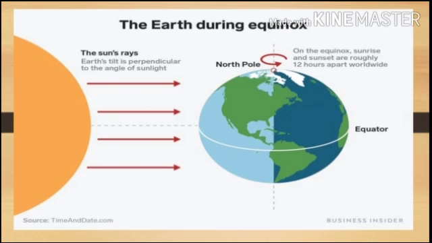As the earth revolves around the sun, the equator receives perpendicular rays on 2 days in a year. This condition occurs on 21st March and 23rd September. On these days, both the poles are at the same distance from the sun. This situation is called as equinox.